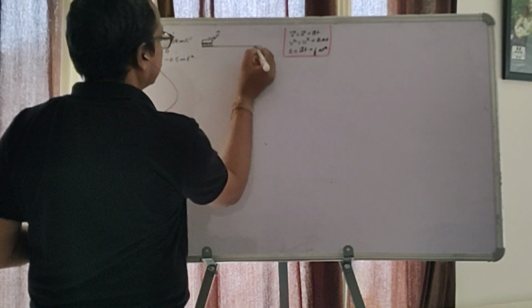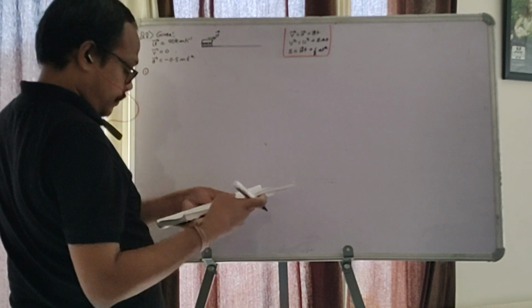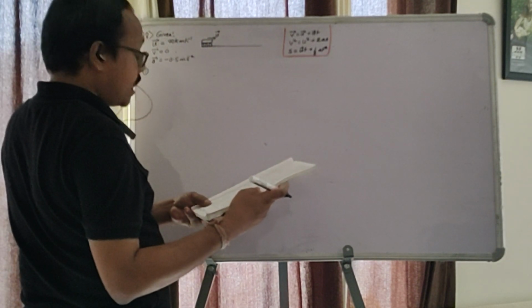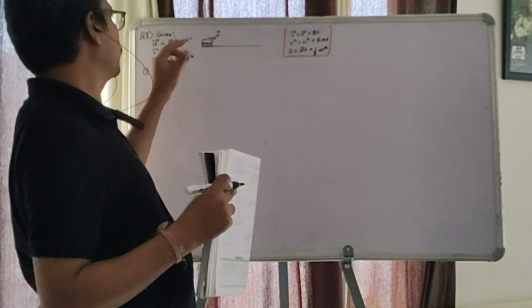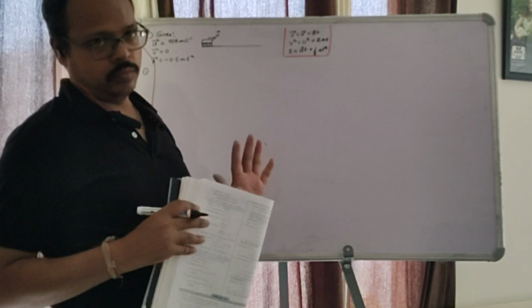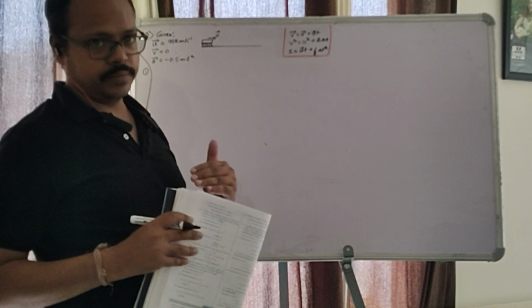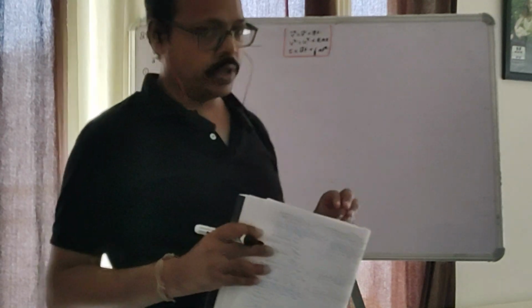Of course, it will travel some distance. Now it is being asked the velocity after 10 seconds. So what do you think, guys? Velocity after 10 seconds will be how much? It will be 90 km per hour, or more than that, or less than that. The final velocity will be less than 90 km per hour.